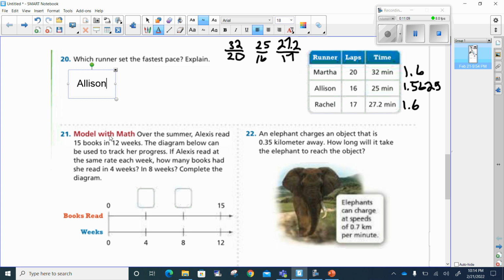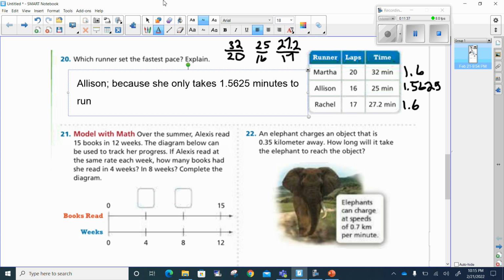Allison, because she only takes 1.5625 minutes to run each lap, while Martha and Rachel take 1.6. And that's it.